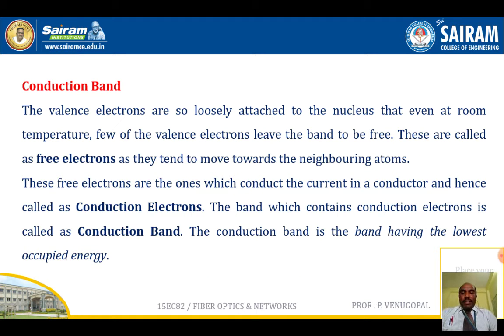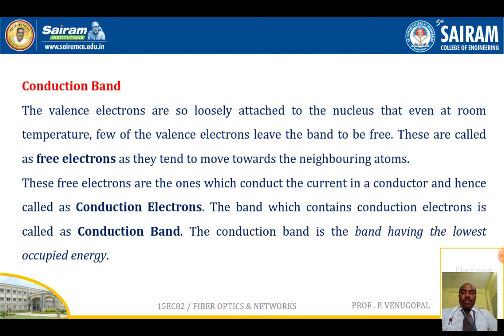Next is conduction band. The valence electrons are so loosely attached to the nucleus that even at room temperature, a few of the valence electrons leave the band to be free. These are called free electrons, and they tend to move towards the neighboring atoms. These free electrons are the ones which conduct the current in a conductor, and hence they are called conduction electrons.